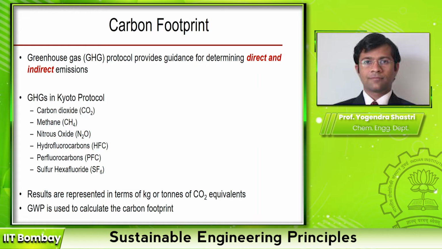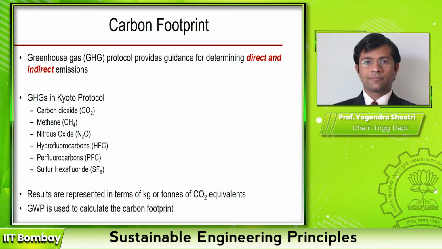Now, in terms of quantity, that might be true, but subsequently it was realized that there are several other greenhouse gases which in terms of quantity might be smaller but may have a much higher impact on a per mole or a per kg basis, and therefore the scope of carbon footprint was subsequently broadened to include other greenhouse gases which were identified as per the Kyoto Protocol, and this includes methane, nitrous oxide, HFCs, PFCs, and so on.